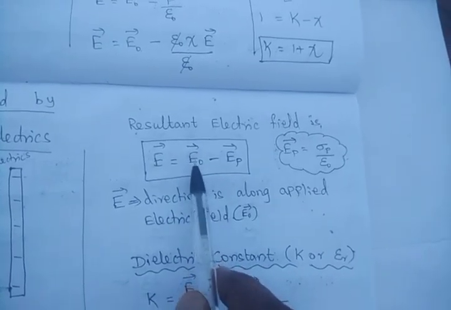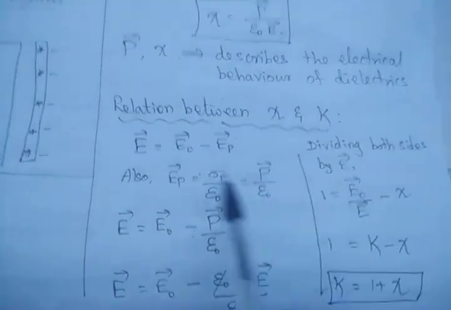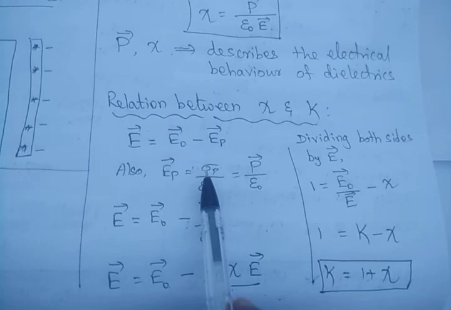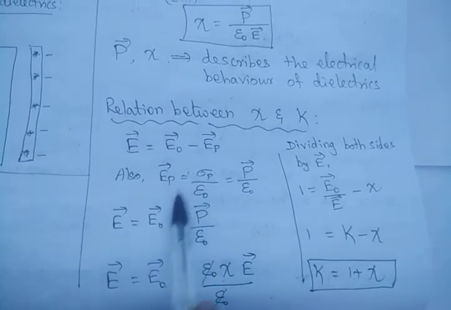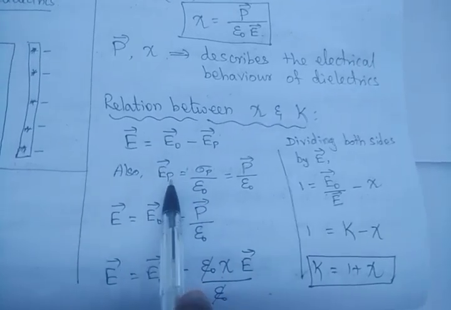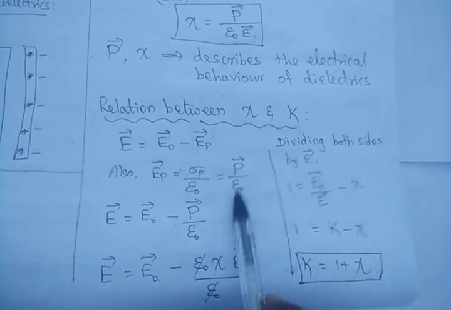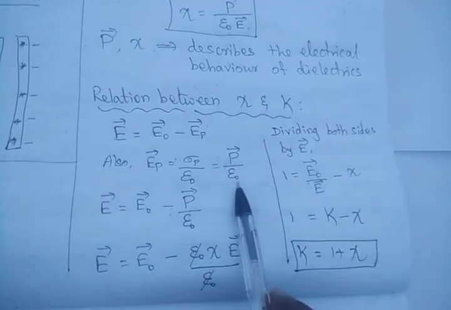E naught is the applied electric field and EP is the electric field due to the induced charges. So EP is equal to sigma p by epsilon naught, which represents the polarization vector. So the electric field due to the polarized charges, that is dipole charges, is equal to P vector by epsilon naught.